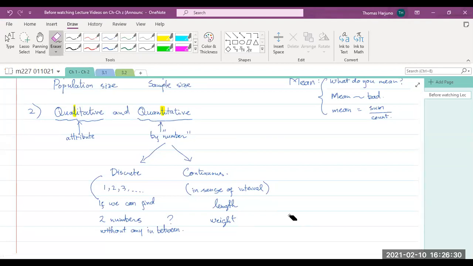Now that's about the qualitative and quantitative measurements. And the following is the continuation of that type of separation: qualitative, quantitative, discrete, continuous. In fact, this is more important: levels of measurement.